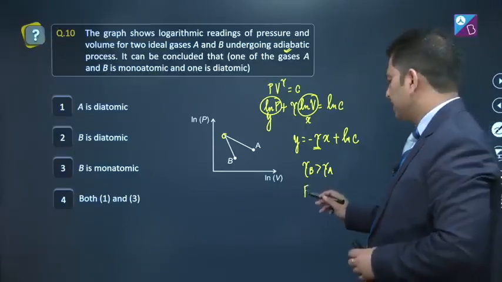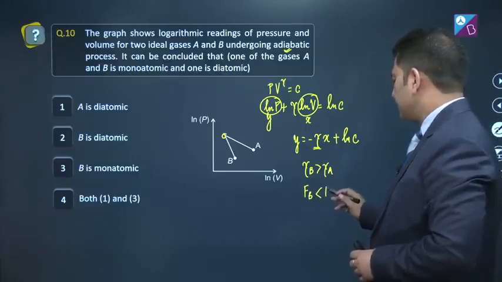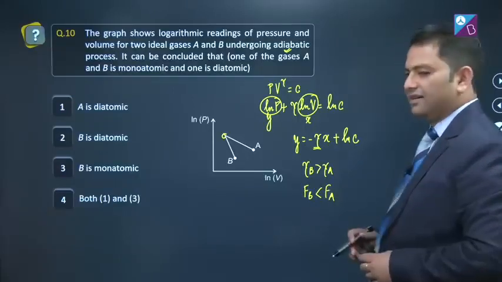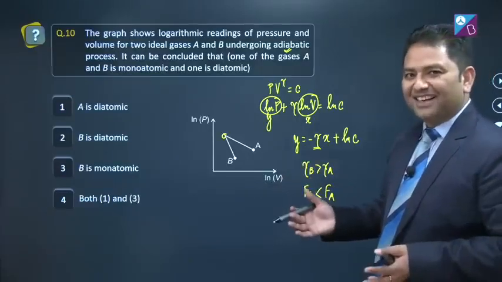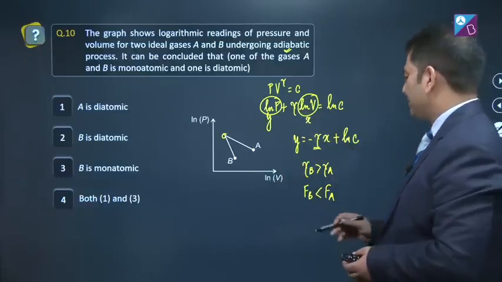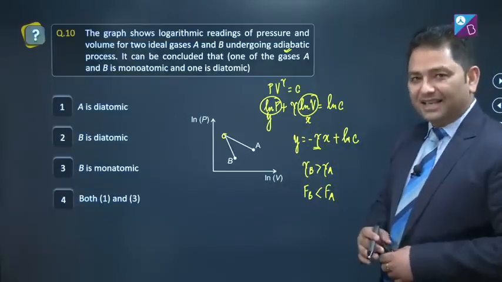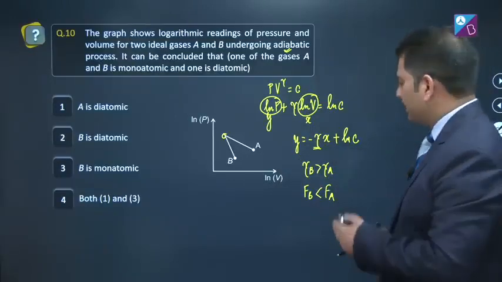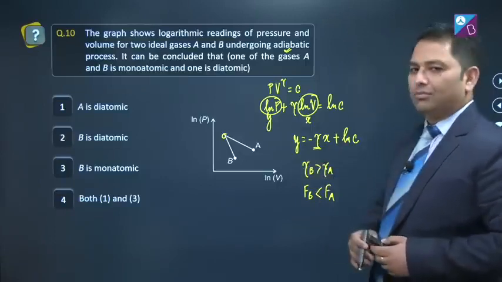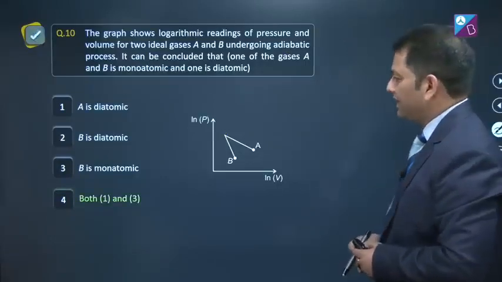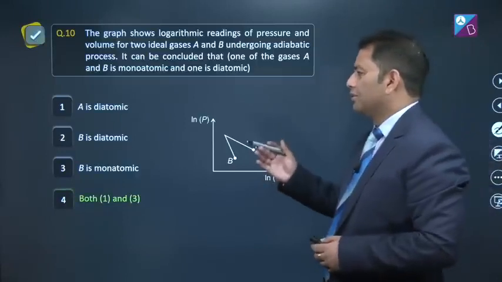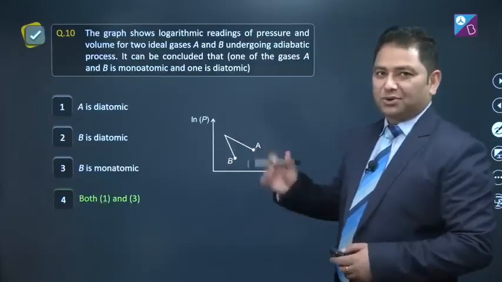So the degree of freedom for B will be less than the degree of freedom for A. Now we got the answer. Between monoatomic and diatomic, monoatomic has lesser degree of freedom. So clearly B will be monoatomic and A will be diatomic. So both 1 and 3, that is option number 4.